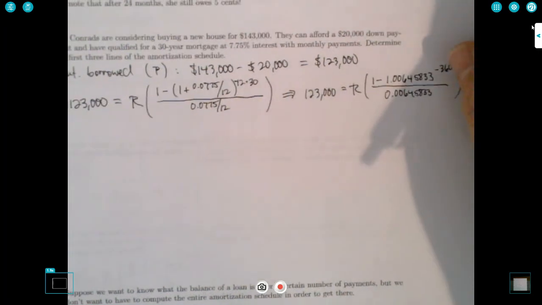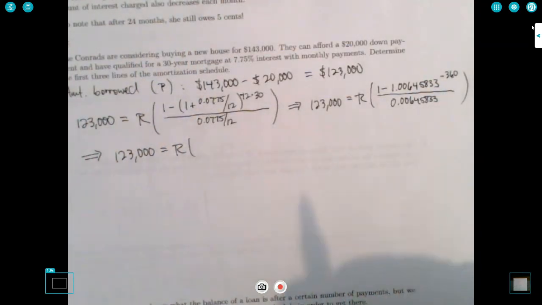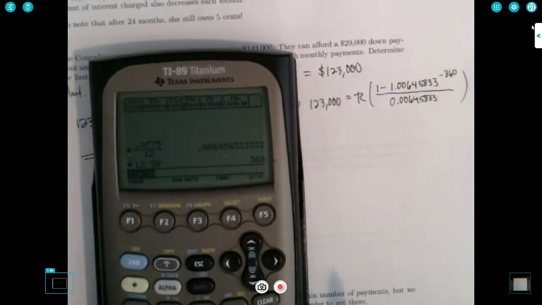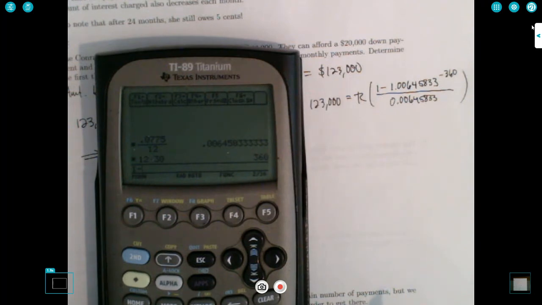All right. So I'm going to have 123,000 equals R times, I'm ready to punch this into my calculator. Okay, so I'm going to do 1 minus, or actually I need to open up parentheses first, right?